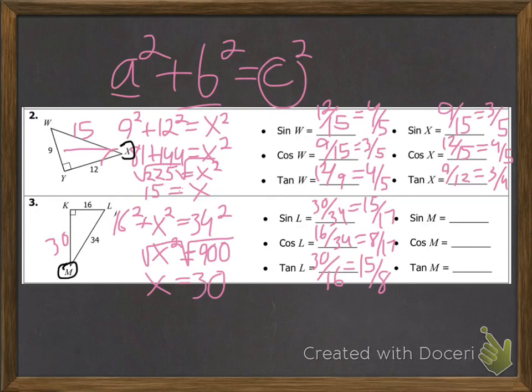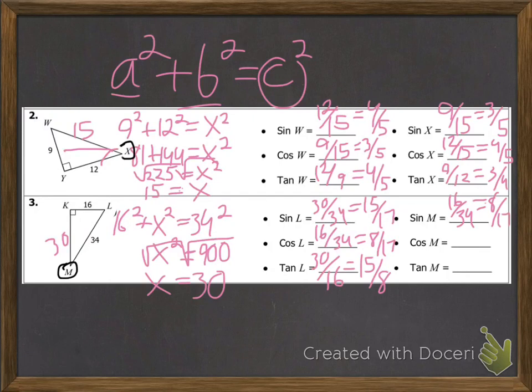So the sine of M, opposite over hypotenuse, it would be 16 over 34. And that is going to simplify down to 8 over 17.